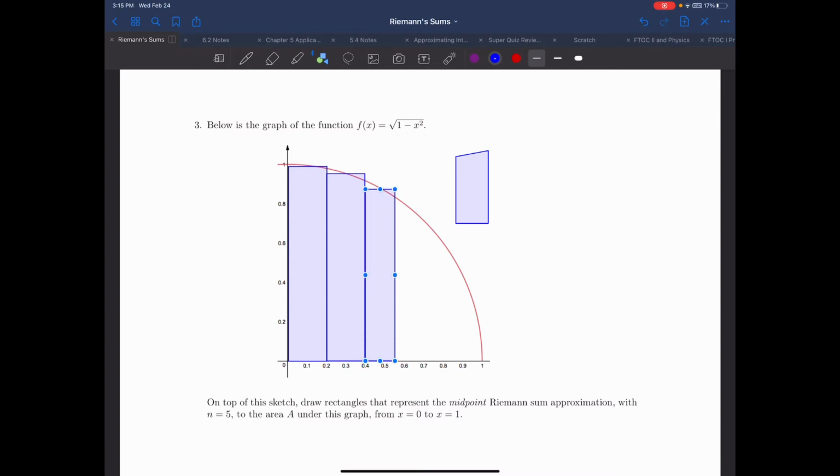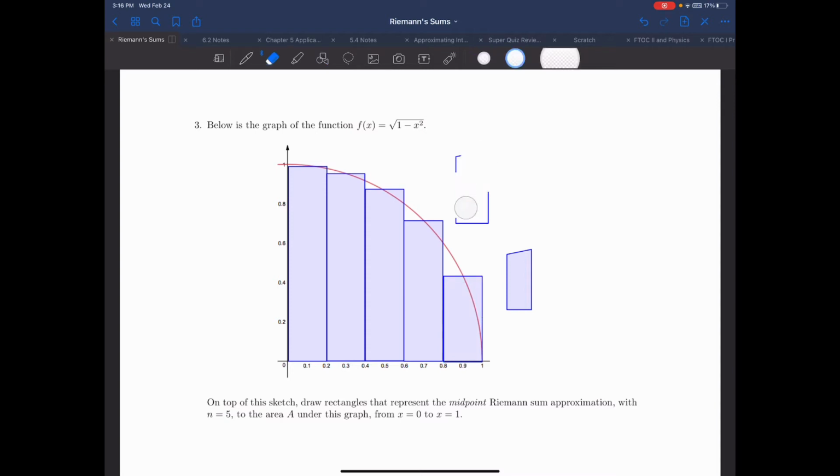Okay, that midpoint, actually it's going to move a little bit. And just one more after this. So the points that are touching the function would be the middle of each of these. So they're fairly close, not perfect.